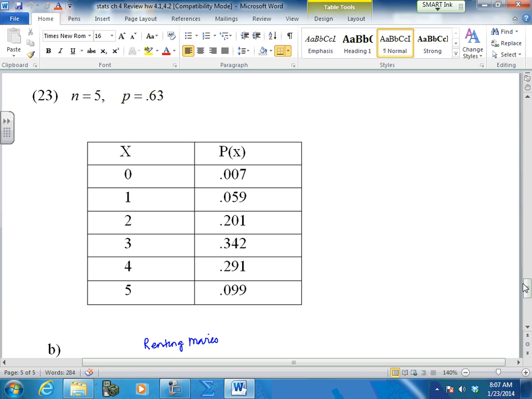So this is your binomial. You have 2 choices, a fixed amount of times, your probability doesn't change, and your X value goes from 0 to 5. This is what your binomial probability distribution does. Your probability distribution said 2 things: between 0 and 1, and the sum of 1.